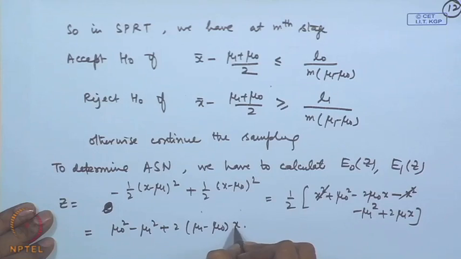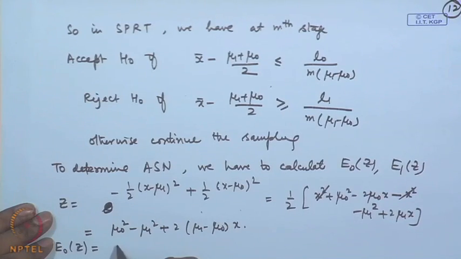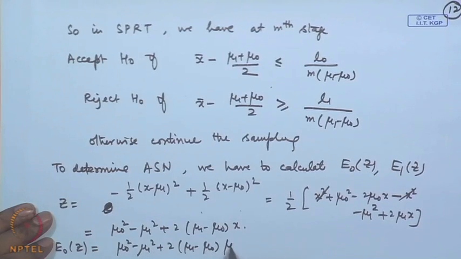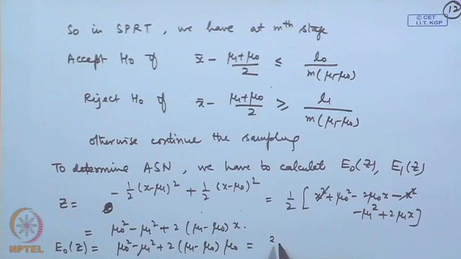So, if I consider capital X here, expectation of z under h naught, that is mu naught square minus mu 1 square plus twice mu 1 minus mu naught into mu naught, that is equal to twice mu 1 mu naught minus twice mu naught square.